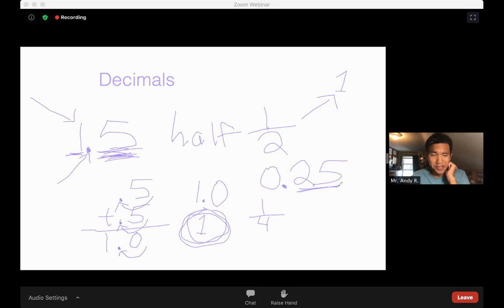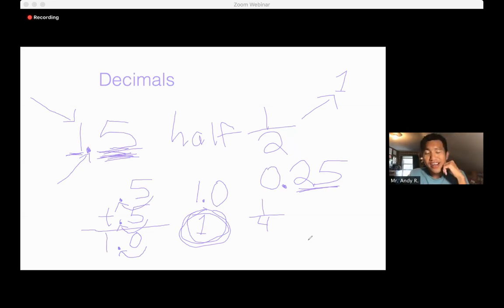Who has a quarter? You know how many cents a quarter is? 25 cents. And if a quarter is 25 cents, how many quarters do you need to make $1? You need 4 quarters, because 25 cents times 4 is 100 cents, and 100 cents is $1.